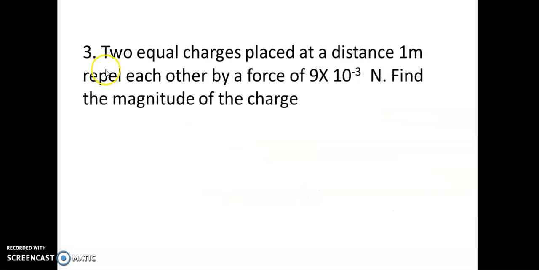The next question is: two equal charges placed at a distance of 1 meter repel each other with a force of 9 into 10 to the power minus 3 Newton. Find the magnitude of the charge. We have seen that the charges are equal, that means Q1 equals Q2 equals Q, and the separation between them is 1 meter.